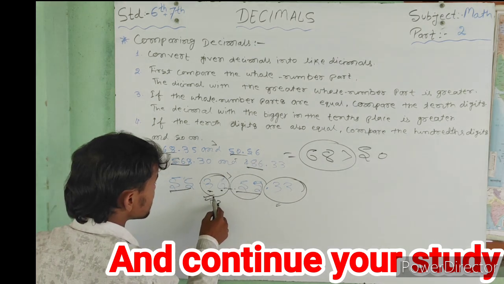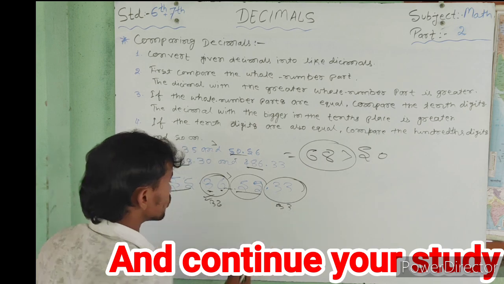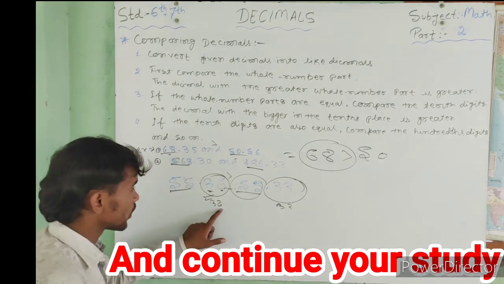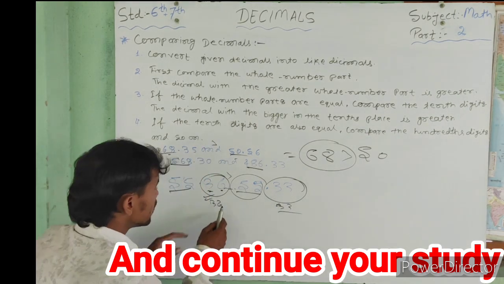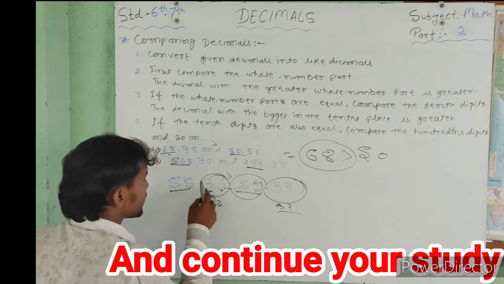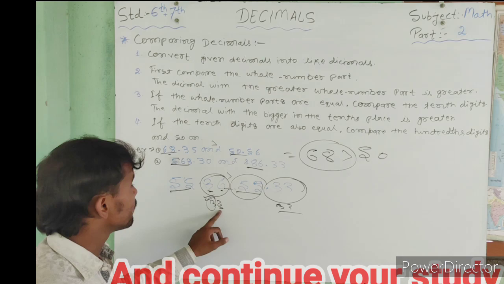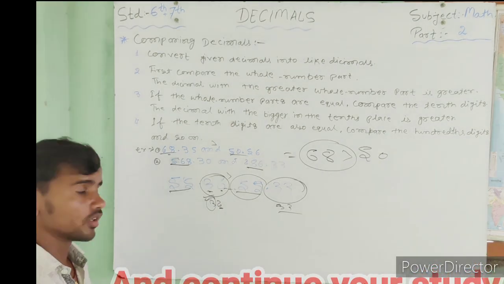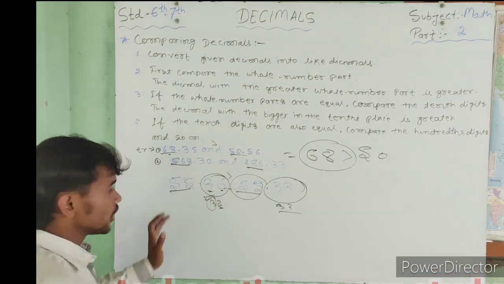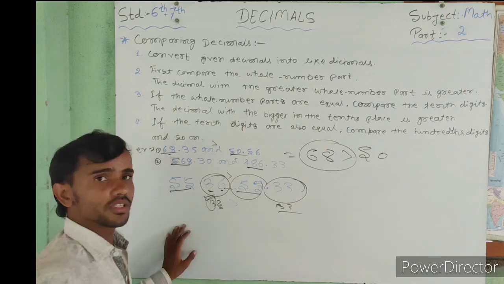If here 36 and here 33, which number is greater? 36 is greater than 33. If the tenths place is also equal, then you compare the ones place. If the ones place is greater, that number is greater.